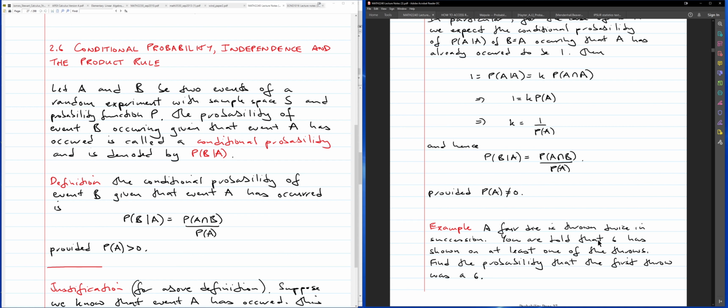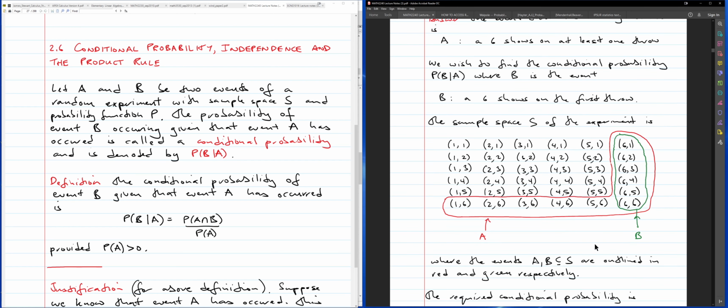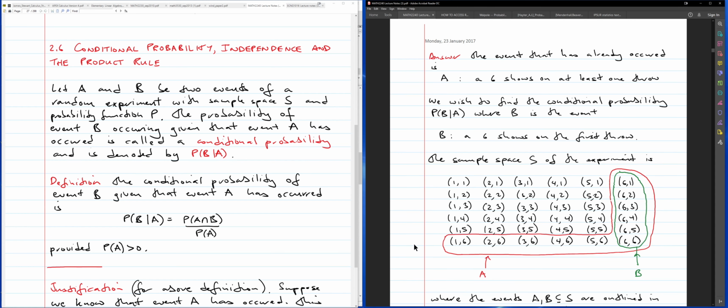You're told that 6 has shown on at least one of the throws. This event has already occurred, so that's what we're going to call the event A in this definition.